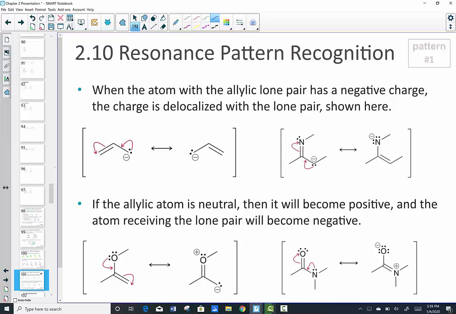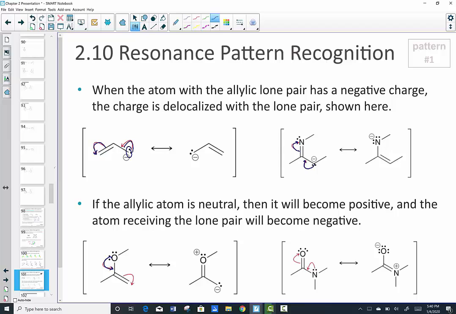When the atom with the allylic lone pair has a negative charge, the charge is delocalized with the lone pair as shown here. And those, my friends, are the very things that we practiced on the previous slide. We were just moving the electrons around from one position to the next. So if a set of dots becomes a bond, the bond becomes a set of dots. The pi bond becomes dots, the lone pair becomes a pi bond.